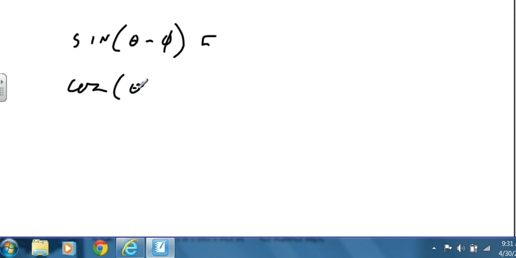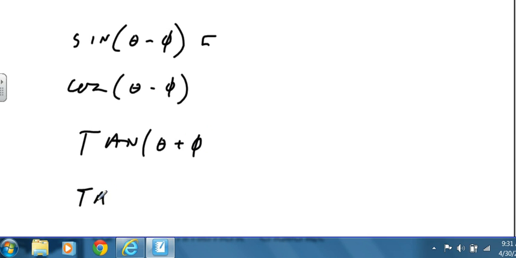Okay, now we still have other things. We have the sine of theta minus phi, and the cosine of theta minus phi, and we have the tangent of theta plus phi, and the tangent of theta minus phi.